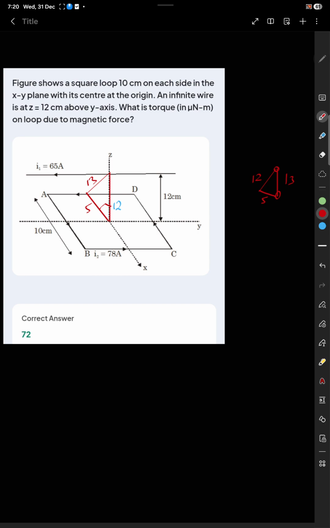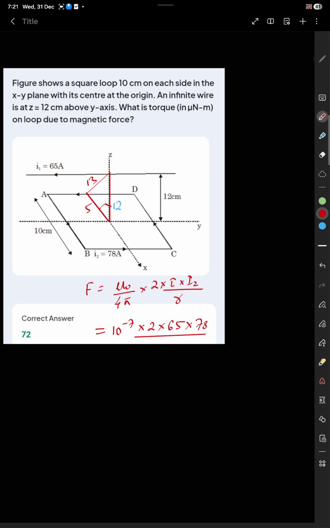So now you need to find out the force. F will be how much? Mu naught by 4 pi into 2 I1 I2 by R. I2 is how much? 78, and R is given 13 into 10 to the power minus 2. So this is 10 to the minus 7, 5 to the 10, 10 to the minus 2.